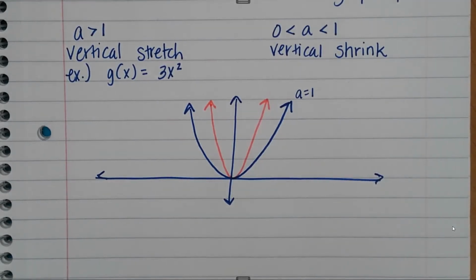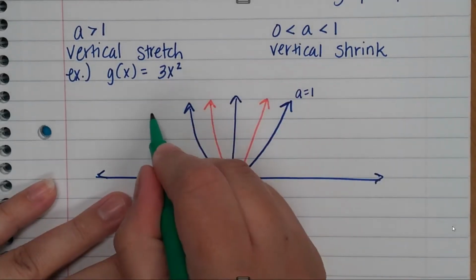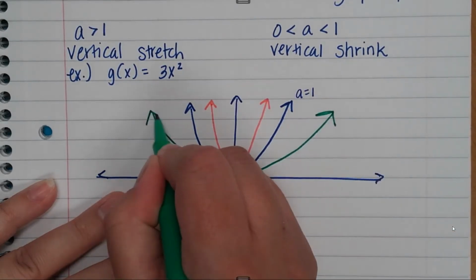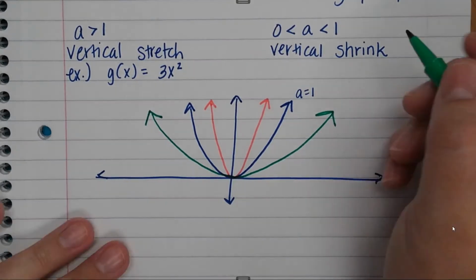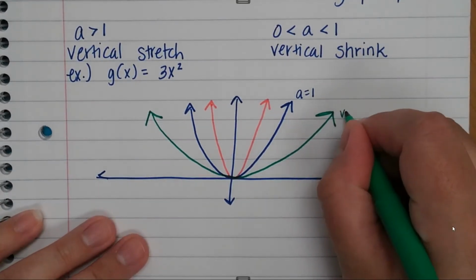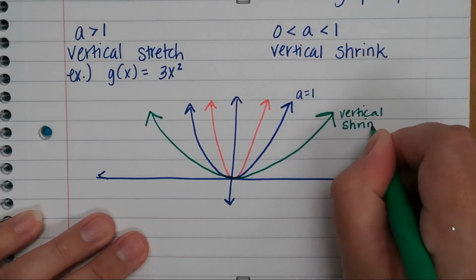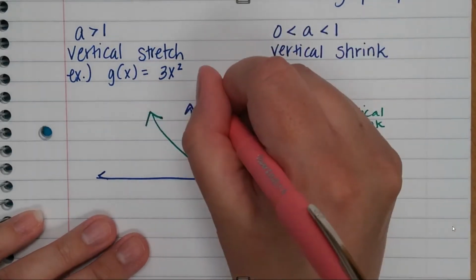And then if you have a shrink, you would have something like this. Okay? So this would be a vertical shrink. And the one in pink would be a vertical stretch.